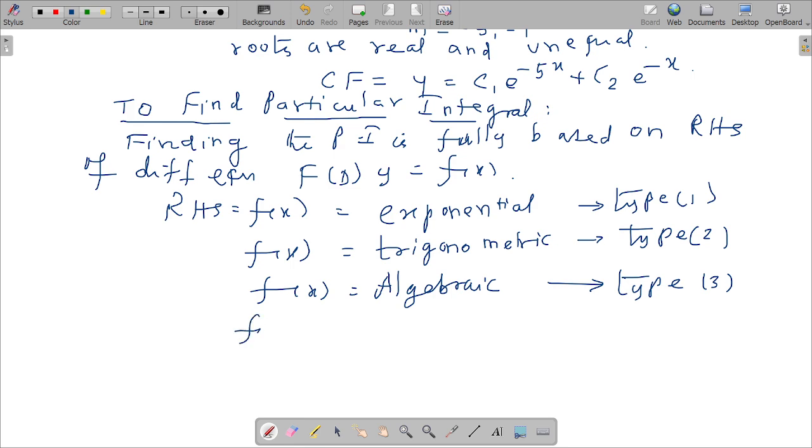Or f of x may be a combination of exponential and trigonometric, exponential into trigonometric, or exponential into algebraic.